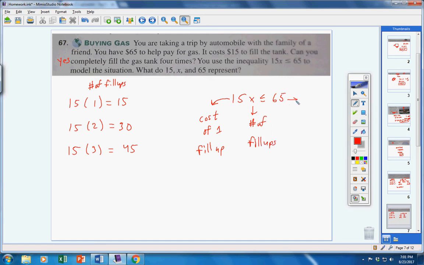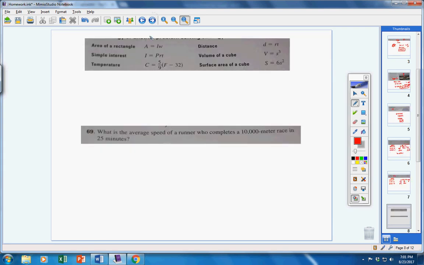And 65 is your what? It's your total money that you have. And that's it. Pretty simple, guys. That's what 15 stands for, what X stands for, and 65. Now, can you completely fill up the gas tank? Yes, you can. Definitely.